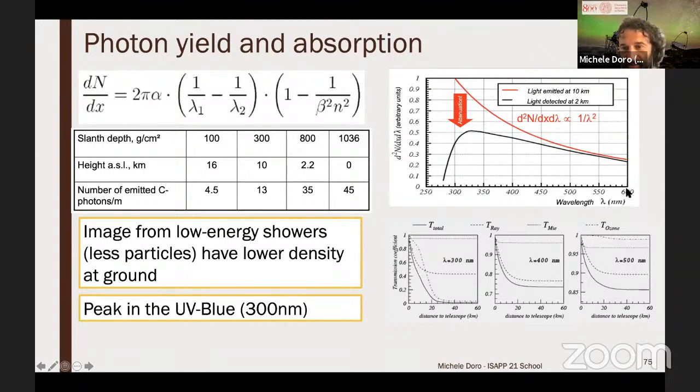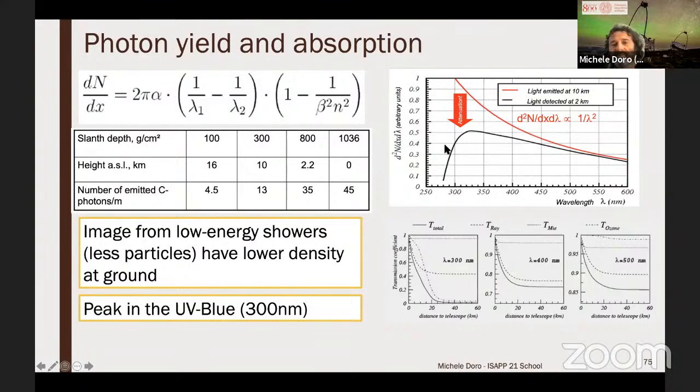Red and blue, well, blue, ultraviolet. The spectrum of Cherenkov photons is this red part here. So the Cherenkov effect, if you compute, is mostly in the UV part, decreasing up to the red part.